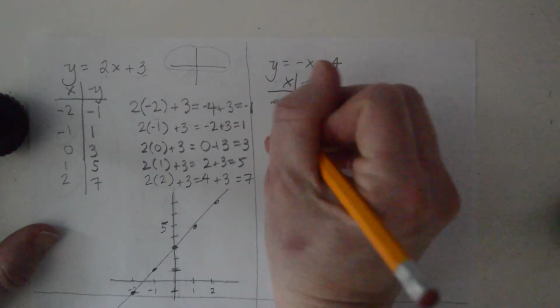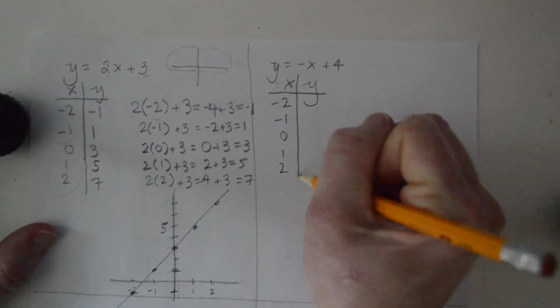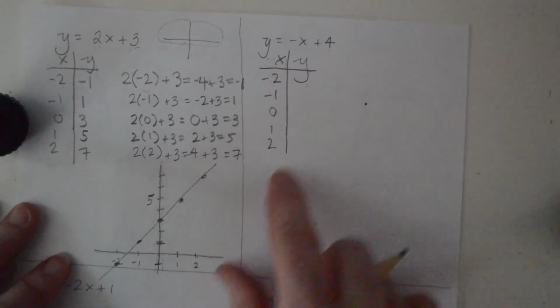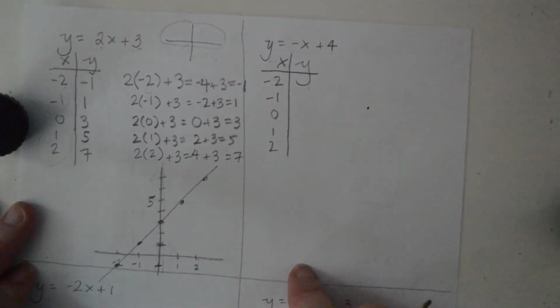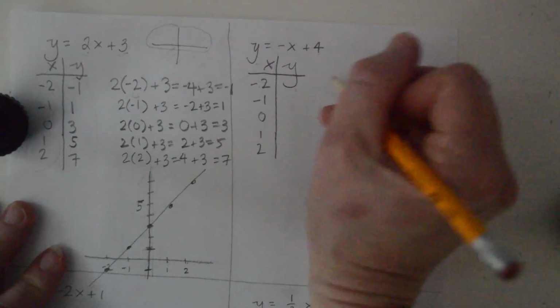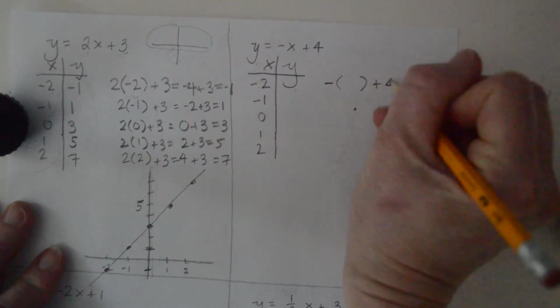Again, I'm just going to choose the same values here. We'll get to the last one where I don't choose those same values, and we'll talk about why. But for right now, I'm going to keep with -2, -1, 0, 1, 2. Our pattern is we take the opposite of whatever x value we chose and add 4 to it.